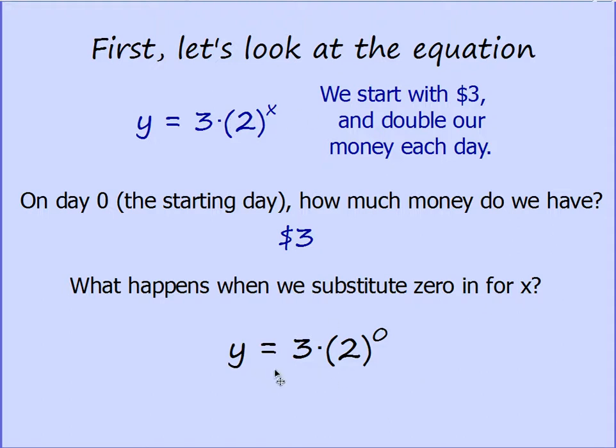Well, when I simplify this equation, according to order of operations, I have to do exponents before I multiply. So 2 to the 0 power, just like anything to the 0 power, is 1. So really I have 3 times 1, which just equals 3. On day 0, we have $3. That just backs up what we said before.